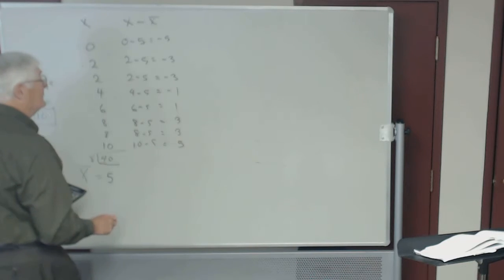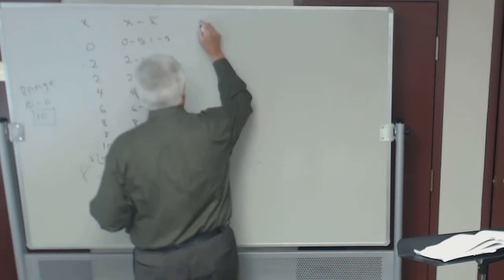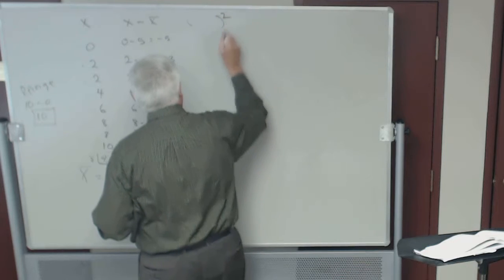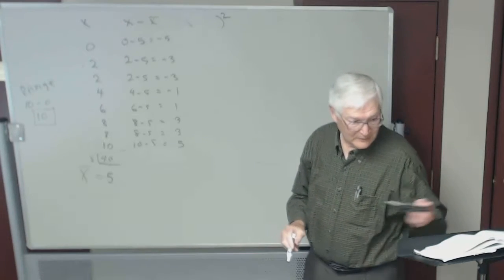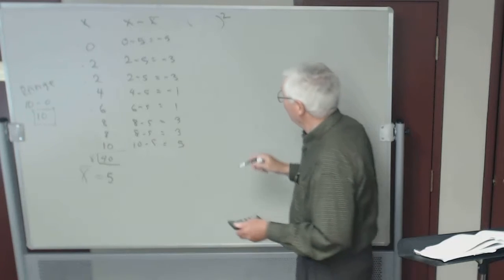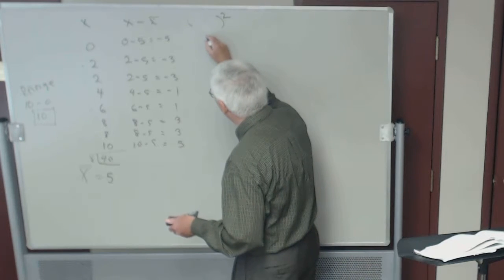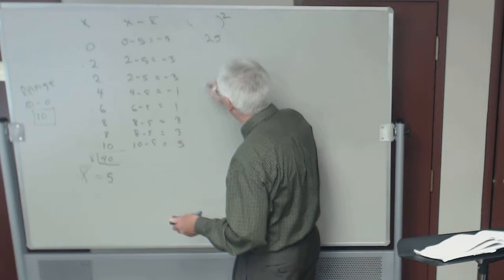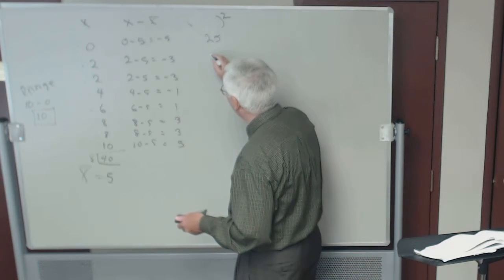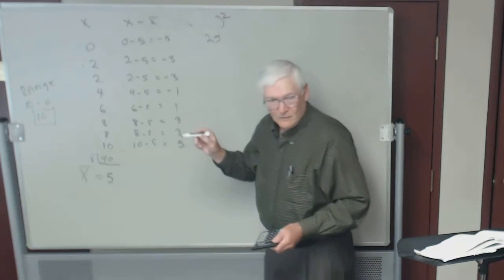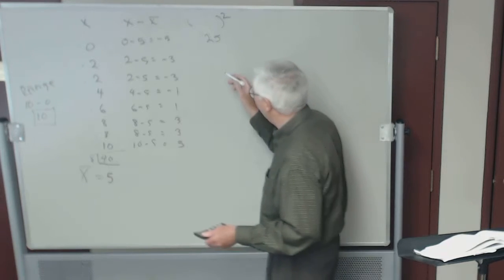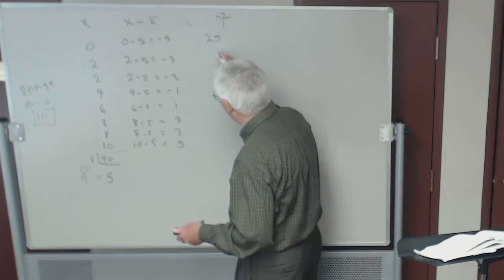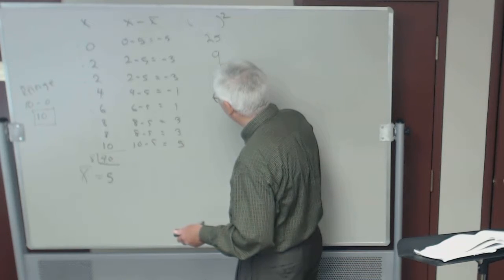And then what do I do with those? Look at the picture at the top of the page, the square thing. So that would be 5 squared, or negative 5 squared, negative 3 squared, negative 3 squared. What's negative 5 times negative 5? 25. What's this one? 9.